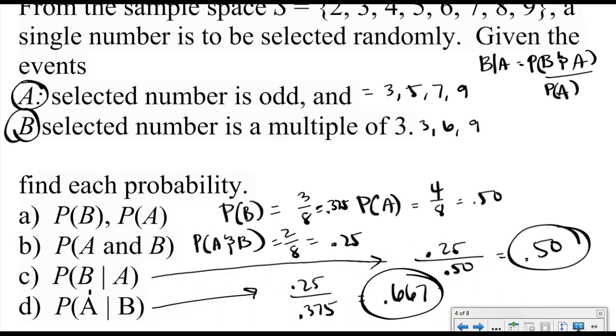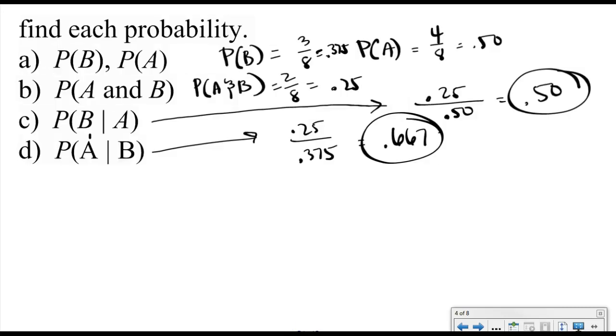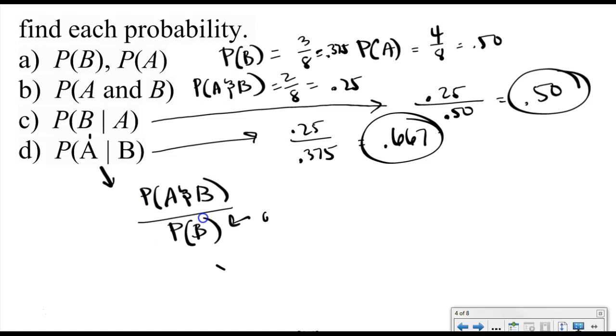On this second one, all I'm doing is moving the formula around. I have the probability of A and B over the given, which was B again. Okay, so the given is always on the bottom.